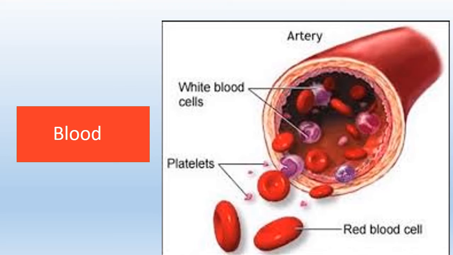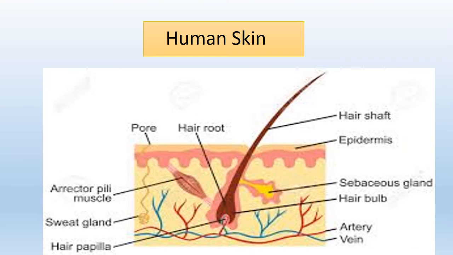It's just because of platelets. And you are already aware of the function of the red blood cells. They carry oxygen and transfer the oxygen to the whole body of humans or animals. Remember one thing, humans are also included in the animal category according to scientists.